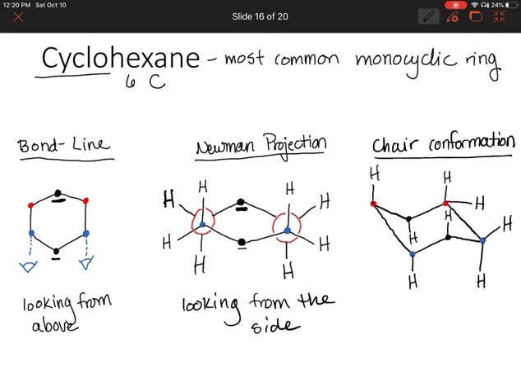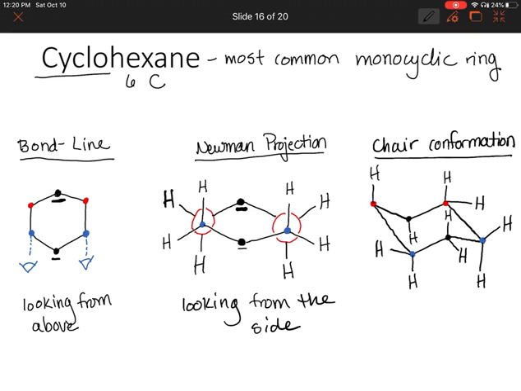Now for the other hydrogens, let's go back to our first middle carbon. You'll notice that the hydrogen we drew at an angle on the blue carbon to the right was kind of pointing up. So now we're going to draw our next hydrogen kind of pointing down at an angle. Next carbon, the hydrogen will point up at an angle.